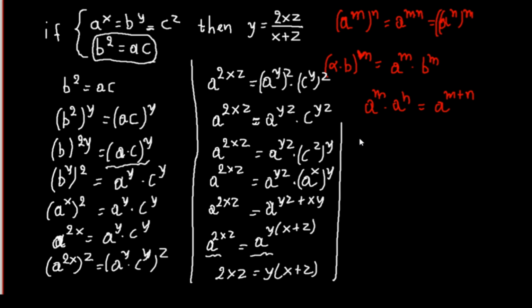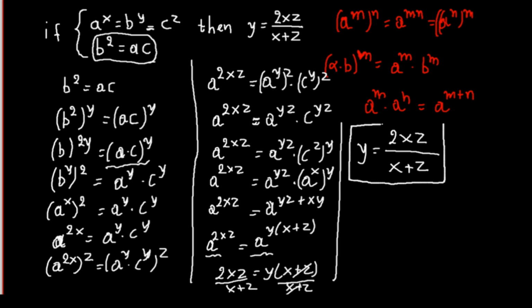If we divide both sides by x plus z, we have that y equals the fraction of 2 times xz over x plus z, and this is what we should find.